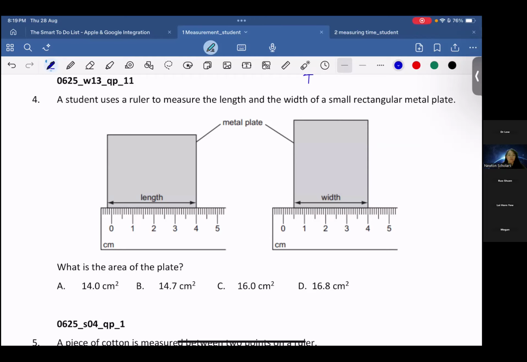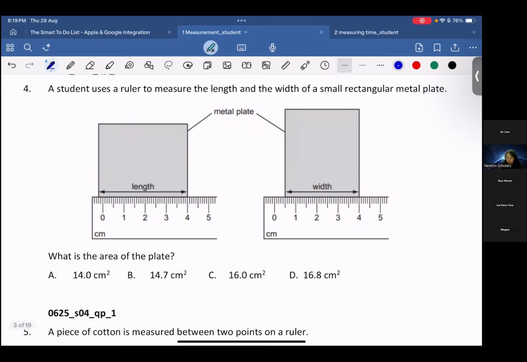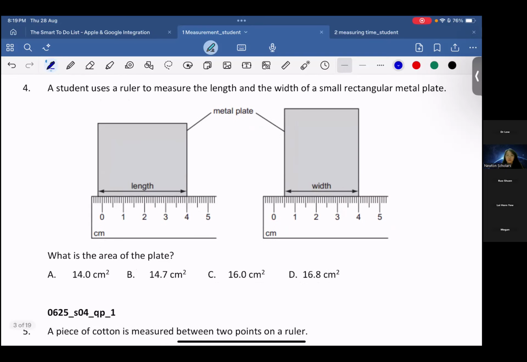Type the answer in the chat box so that I know you're already done. Then we can discuss and proceed. You must respond to me. Others, what is your answer? Number 4. Yeah, now I saw your answer already.